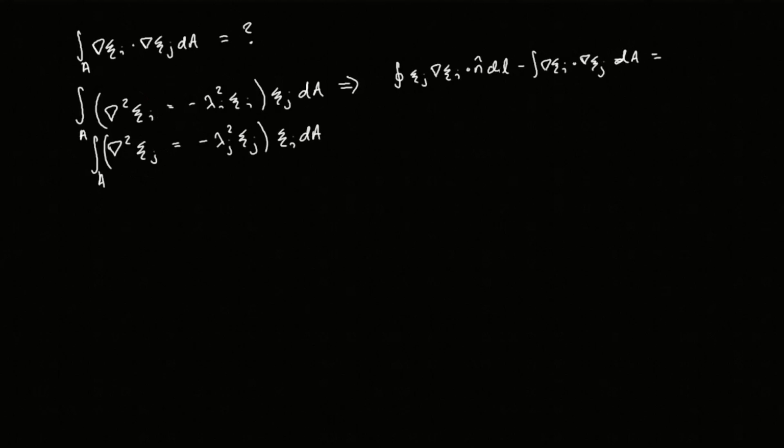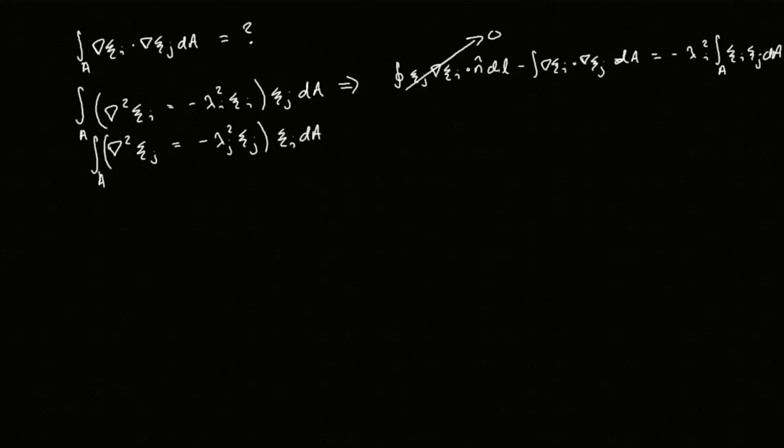So on the right side we have minus lambda I squared integral A Ci Cj dA. Now this first term is 0 by definition because the Cj are all 0 on all the boundaries. Remember, these modes have homogeneous Dirichlet boundary conditions.